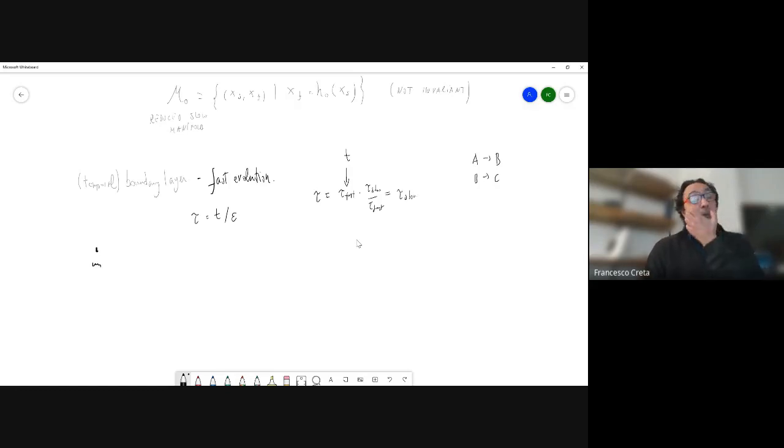And when t is slow, essentially you're multiplied by 1 over epsilon, so this is much larger than tau slow. So what you're doing here is dilating time. You're making what was fast slow, and what was slow really slow, almost unchanging or constant. So if we rescale time like this, the system can be rewritten as the following.